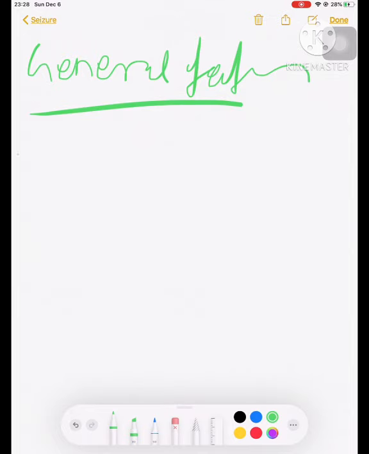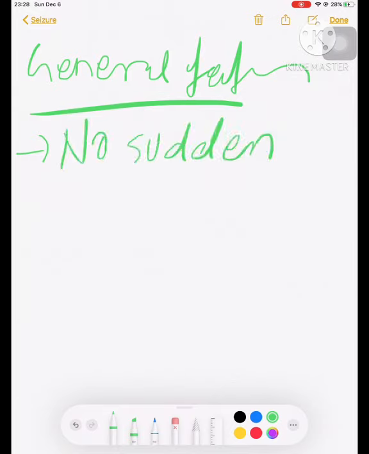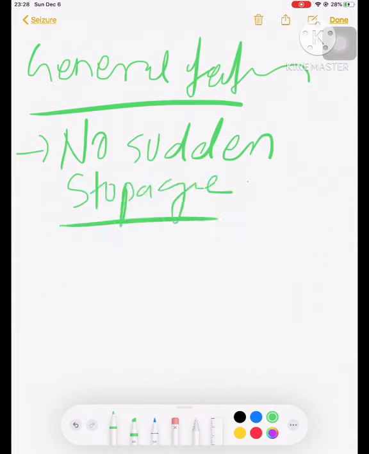And remember, never ever stop the drug suddenly. No sudden stoppage, as it can result in seizures, even dangerous status epilepticus. I've also told you that due to induction of cytochrome P450, it will increase the metabolism of oral contraceptive pills, thus decreasing their efficacy.